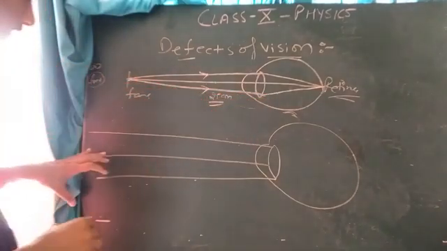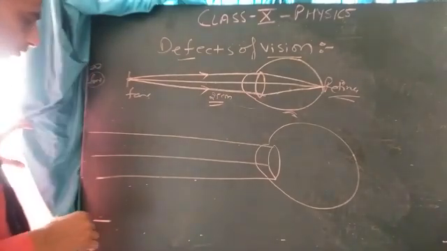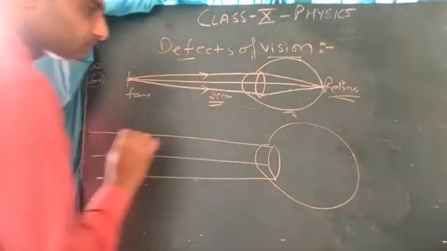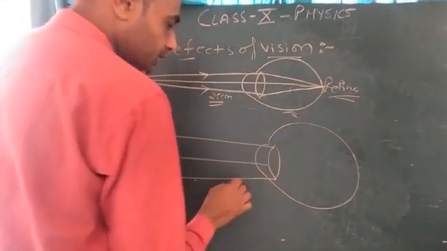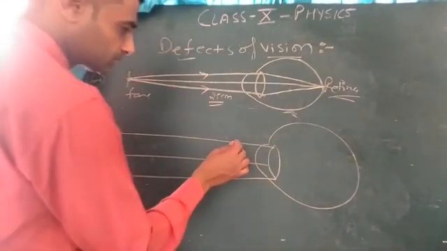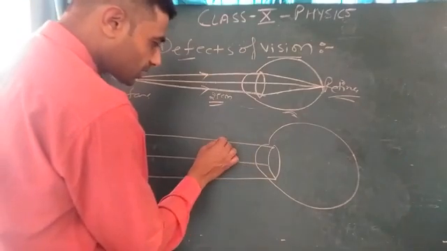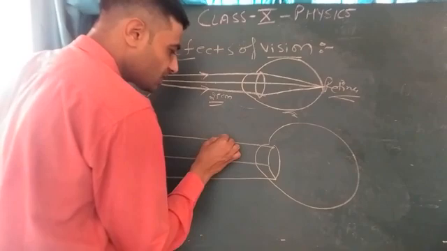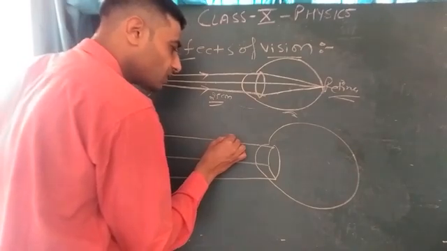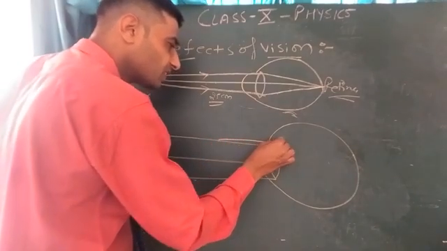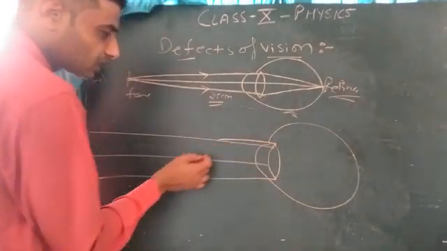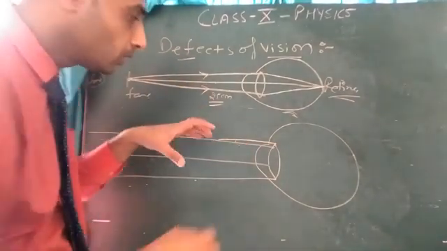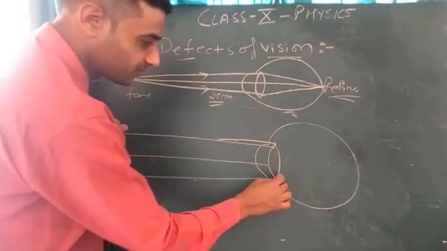Now rays of light are coming from infinity, beyond this point. If at this point these rays diverge at 5 degrees, because we have to balance this 5 degree.